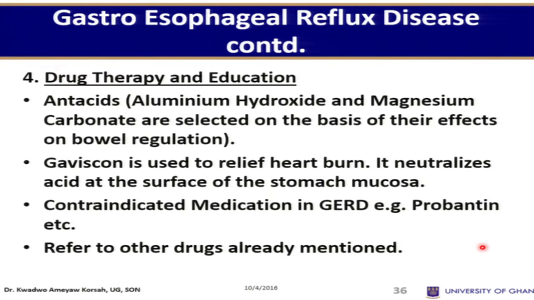Gaviscon is used to relieve heartburn, and it neutralizes acid at the surface of the stomach mucosa. Contraindicated medications in GERD, for instance propantheline and others, should be avoided. And then refer to other drugs already mentioned in this slide.